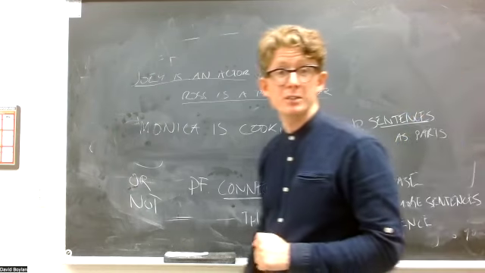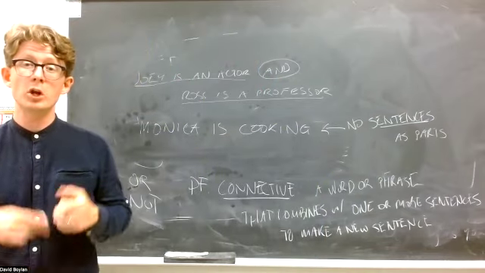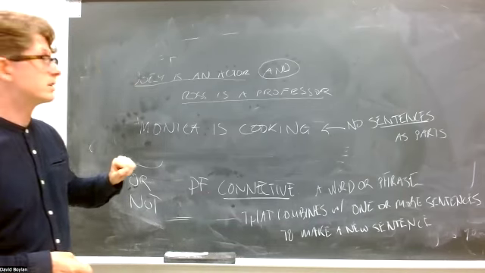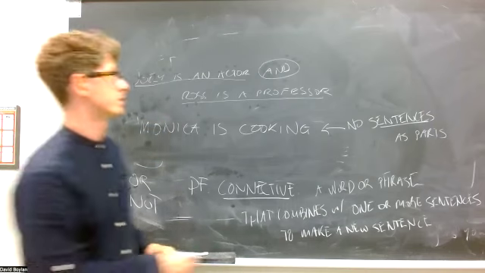That's not to say it doesn't have parts. It does have parts. It's made out of words, but none of the parts are sentences. That's obviously different here. With this sentence, it does have some other sentences as parts. This is a part and this is a part.